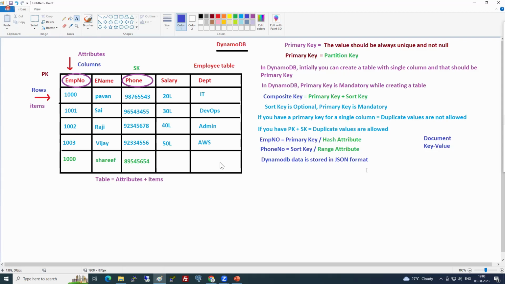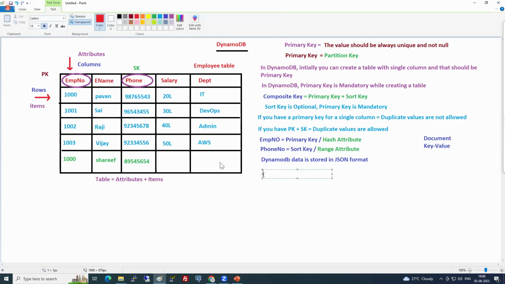But whereas in DynamoDB, guys, all these item level changes can be captured. What is item level? Item meaning here, row. What you thought? Right? So item level changes can be captured.